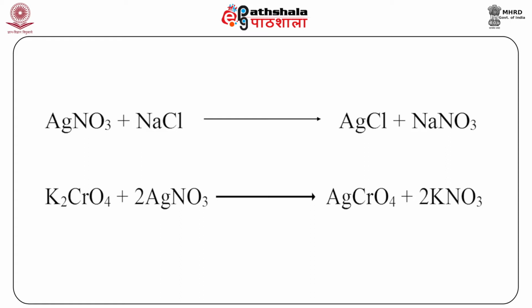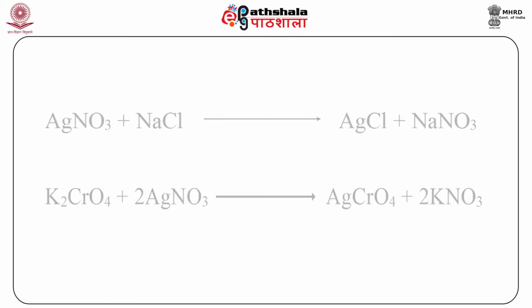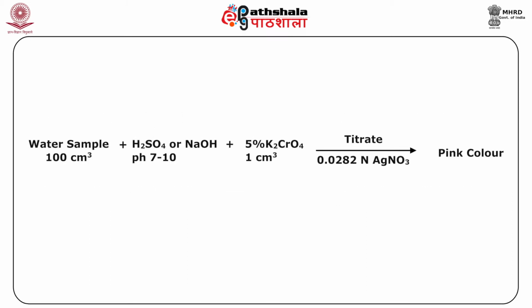You have AgNO3 plus NaCl giving AgCl plus NaNO3, and potassium chromate also reacts with silver nitrate and you get Ag2CrO4 plus KNO3. To eliminate interfering agents which can be sulfide, sulfate and thiosulfate, 5 cm³ of 30% H2O2 may be added prior to titration.